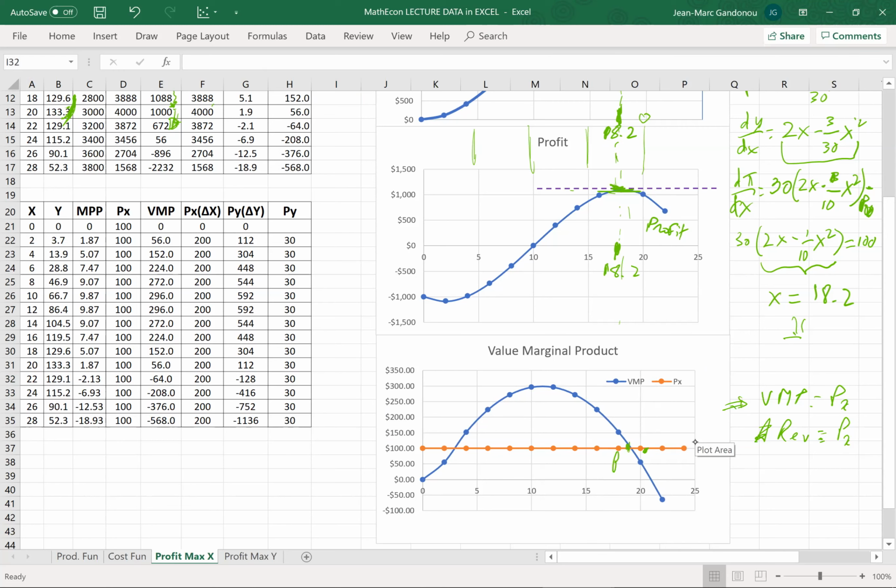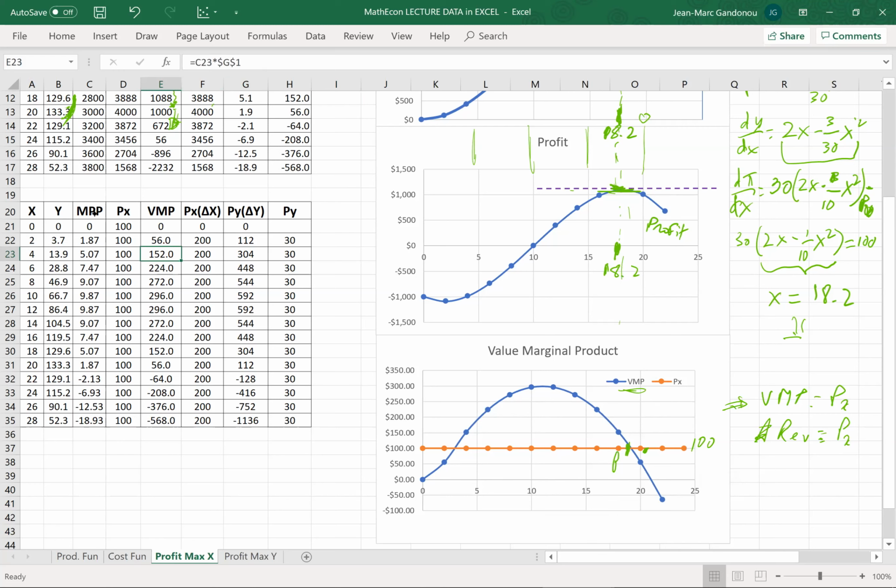Okay, and so this is the price, PX, the price of input, equals 100. And so the value marginal product is the output price times, let's see, the output price, so it's G1, okay, times marginal product, right?